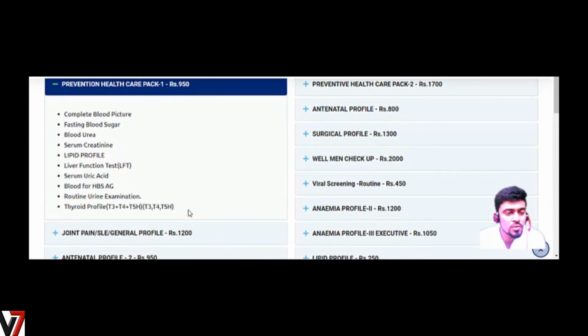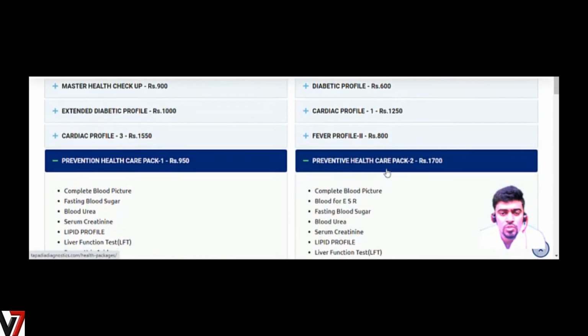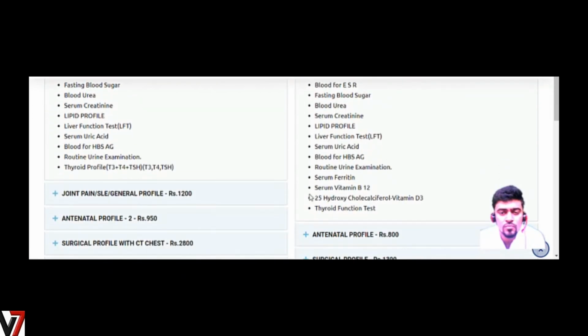They have given some thyroid tests, the same blood tests are there, and health pack 2 has the same blood tests as we have seen. They have added serum ferritin, serum vitamin B12, and 25 hydroxy cholecalciferol, the vitamin D test.